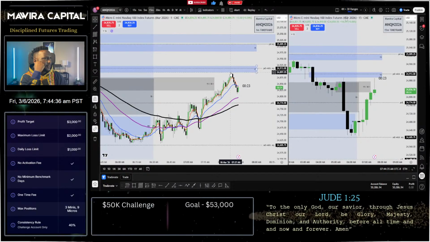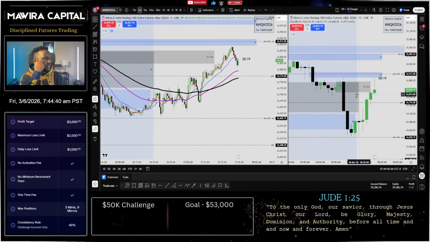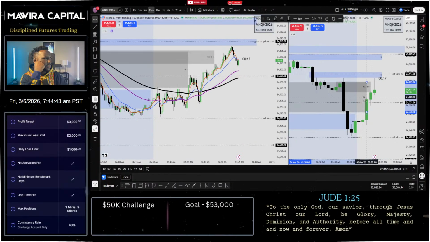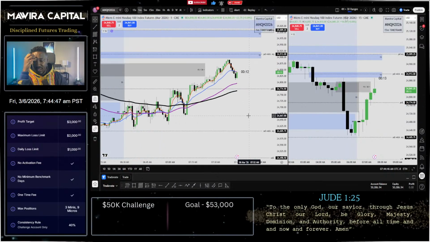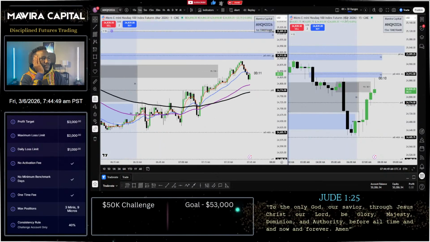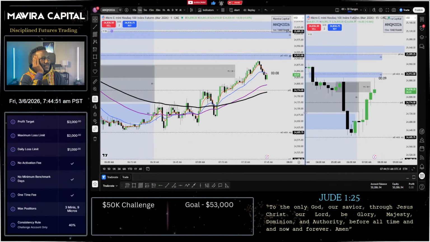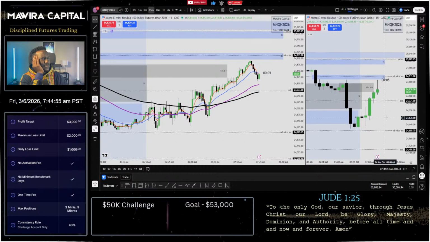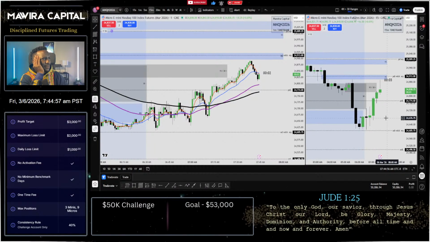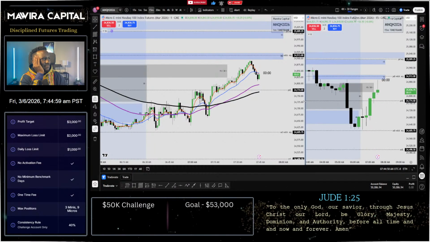If this flips and everything aligns to the downside, then yeah, I will be taking shots when we get a signal. I wish there's a way I could automate this, man, because the setups just don't form all the time.